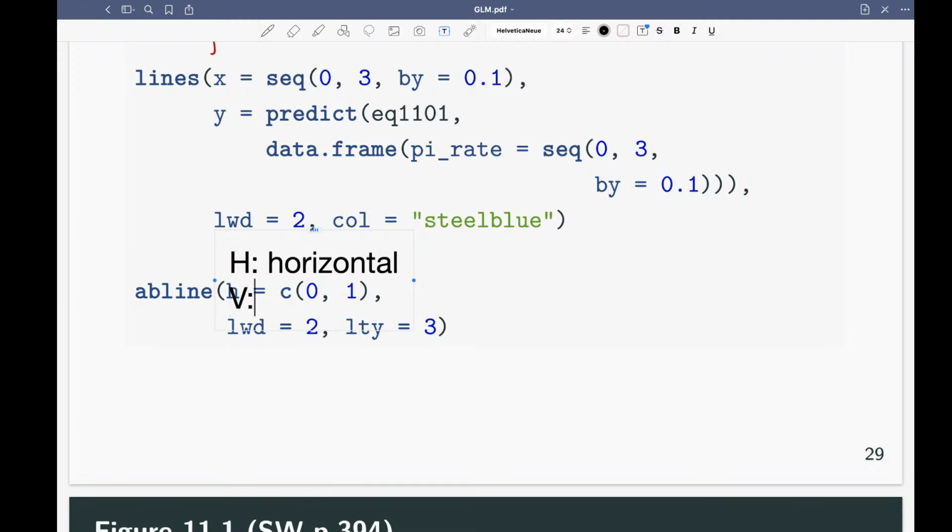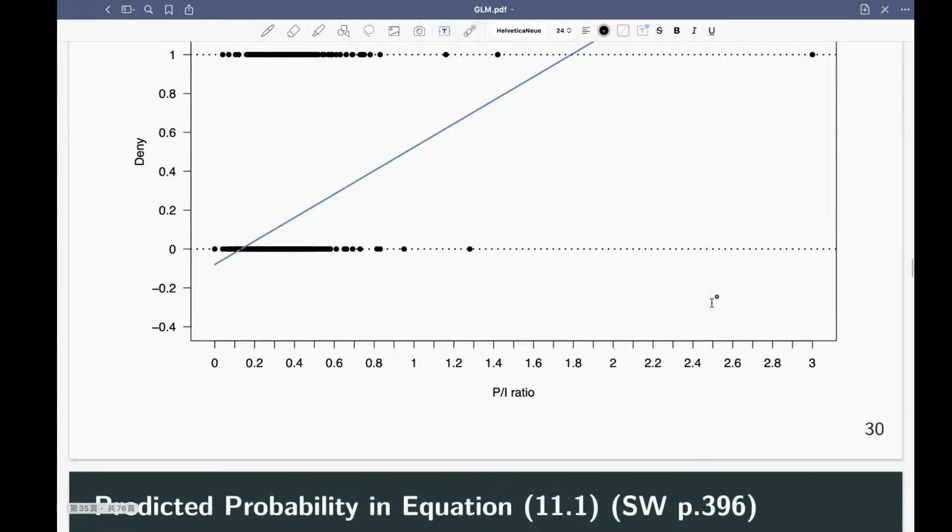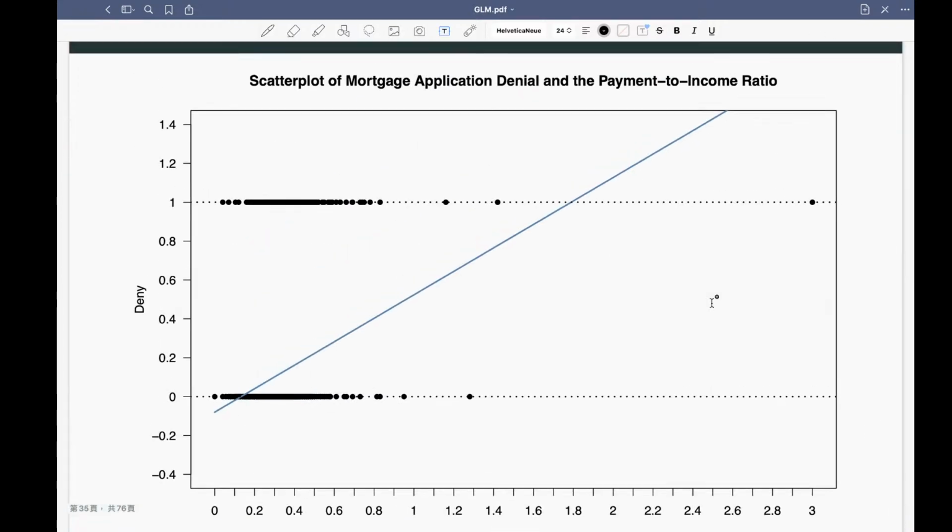V is about vertical. So small h and small v. Okay, and now we have this result for this plot.